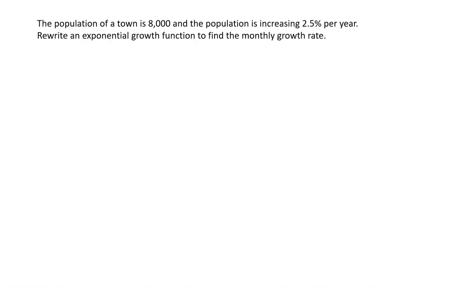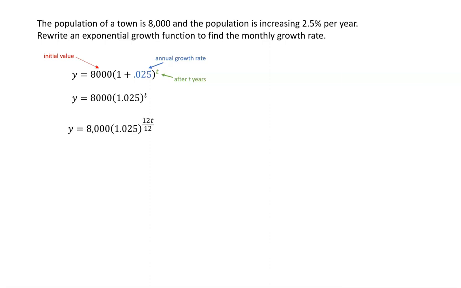So to find our monthly growth rate, what we have to do with this problem is write our equation. We have y equals 8,000, our initial amount, times 1 plus 0.025, which is our annual growth rate, to the t power. T is after t years. So there's our equation. So now we want to find a monthly growth rate. That's 12 months. So we're going to multiply t by 1, or 12 over 12.